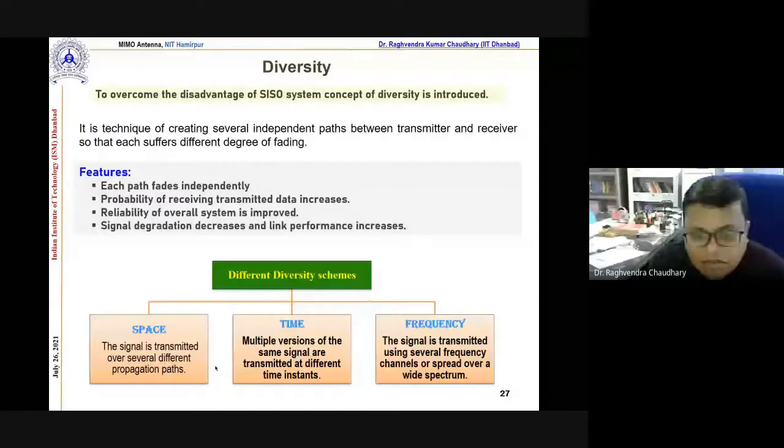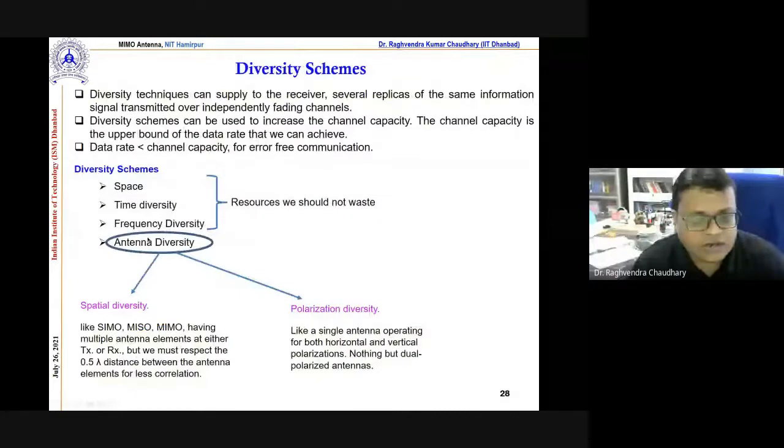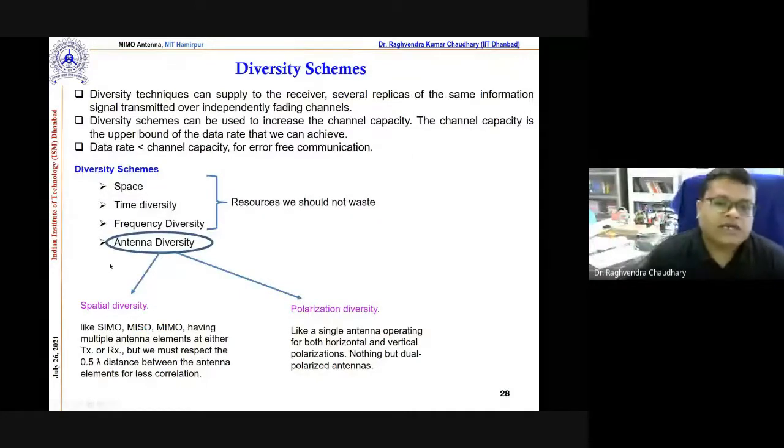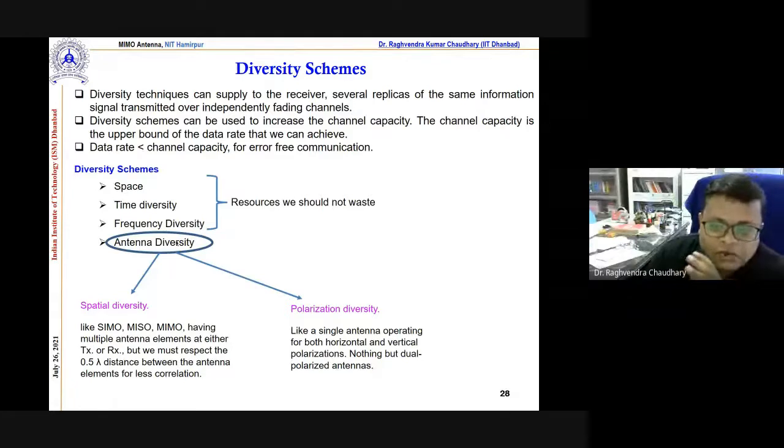Now apart from this, because the subject started with diversity, the fourth is that we may introduce antenna diversity. Here we may do some innovation. What kind of innovation? Spatial diversity and polarization diversity.